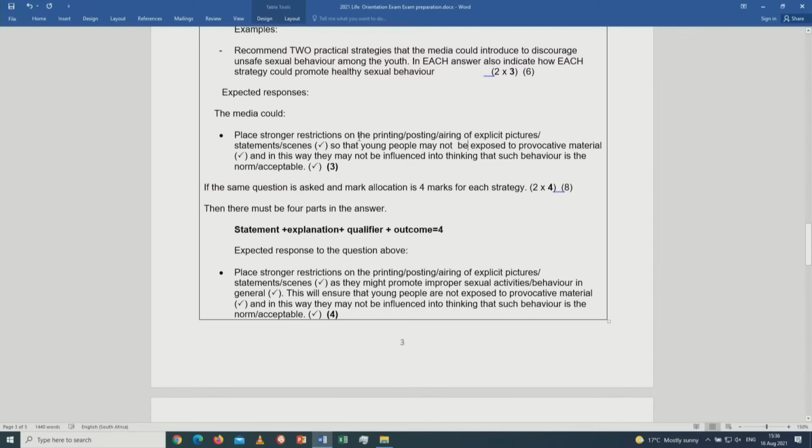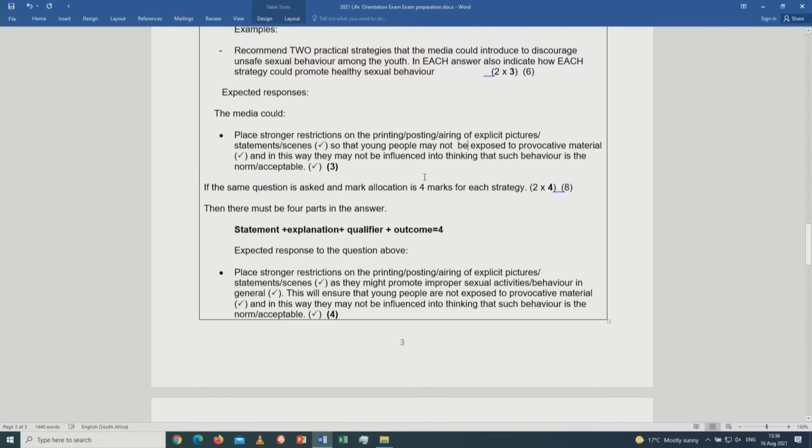If there are restrictions on whatever that is printed on the media, that is printed or posted or airing, there must be some sort of restrictions, 1 mark, so that this cannot expose learners to this sensitive material that is provocative, that might encourage the behavior, provoke them or tempt them to follow whatever that they see on the printed or the pictures or the scenes on TV that they are seeing.